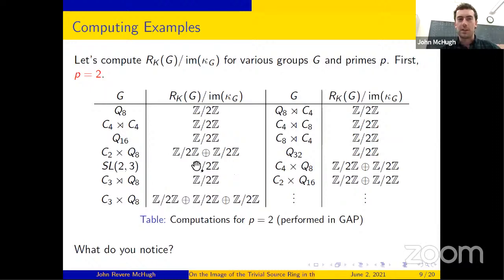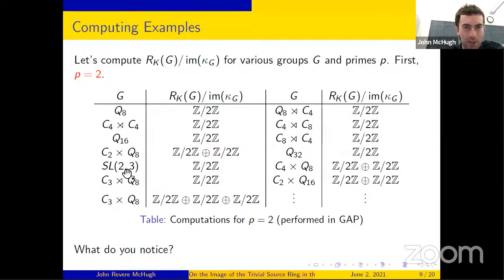So that's one observation. Another observation is that the quaternion groups Q8, Q16, Q32, they all show up in this table. And if you study the table closely, it actually looks like these quaternion groups are playing a pretty important role, because let's take SL(2,3), for example. This has a Sylow 2-subgroup that's isomorphic to Q8.